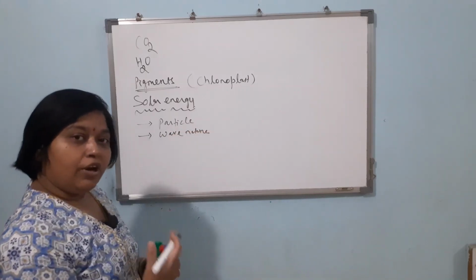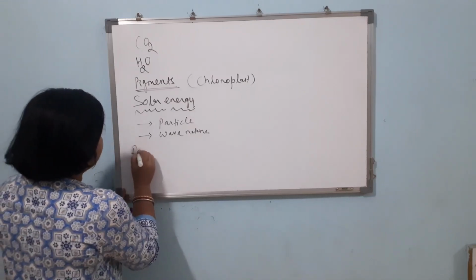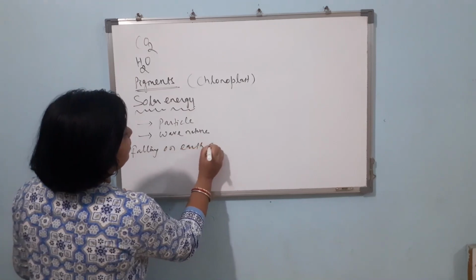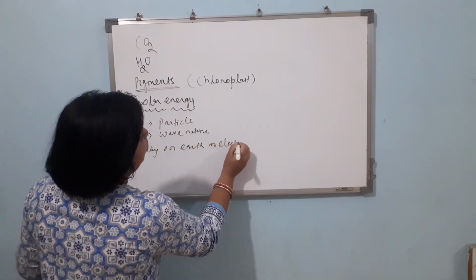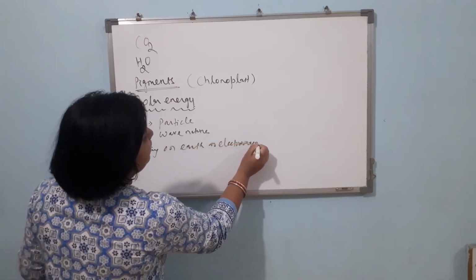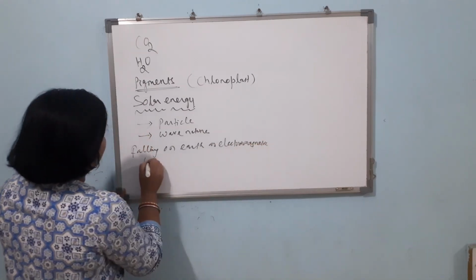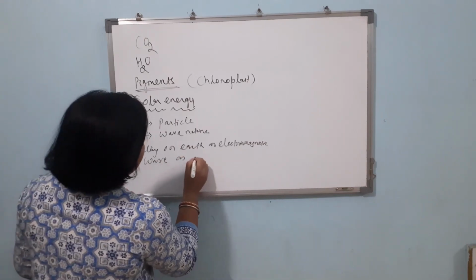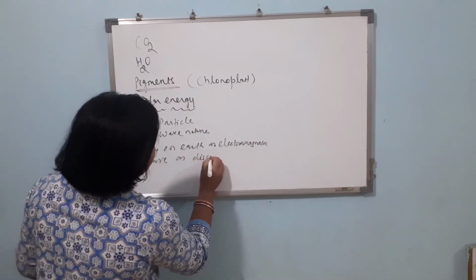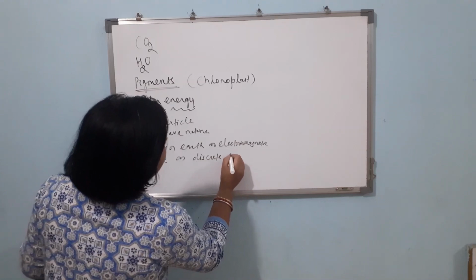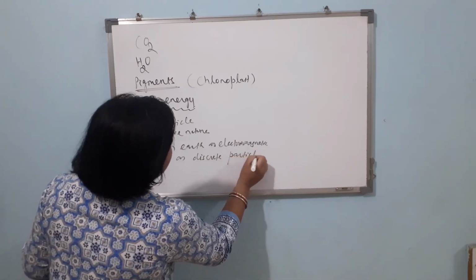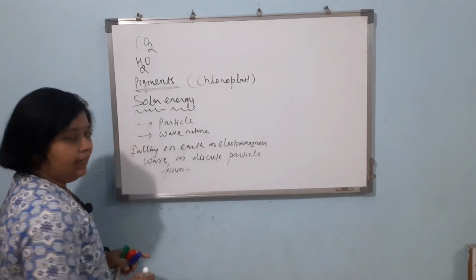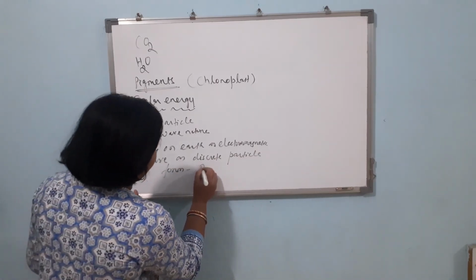It falls on earth as an electromagnetic wave, as well as in discrete particle form. Those discrete particles are known as photons.